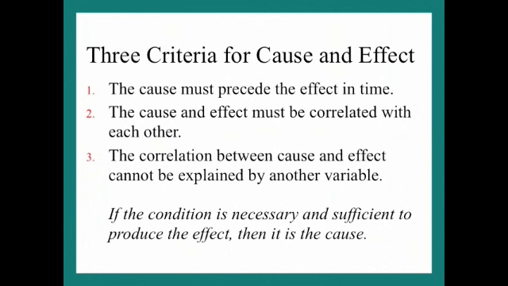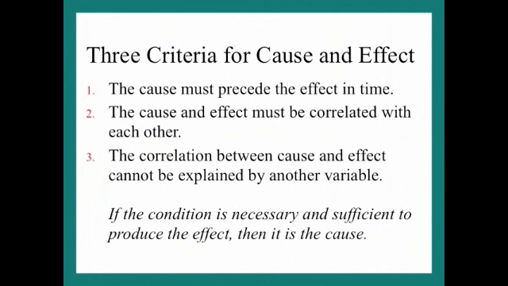Same with when we do an experiment, the two variables have to have some kind of relationship to one another. It doesn't make sense to try to determine if A affects B unless A and B are related to one another. Who cares if they're not related, if there's not an interaction between them?